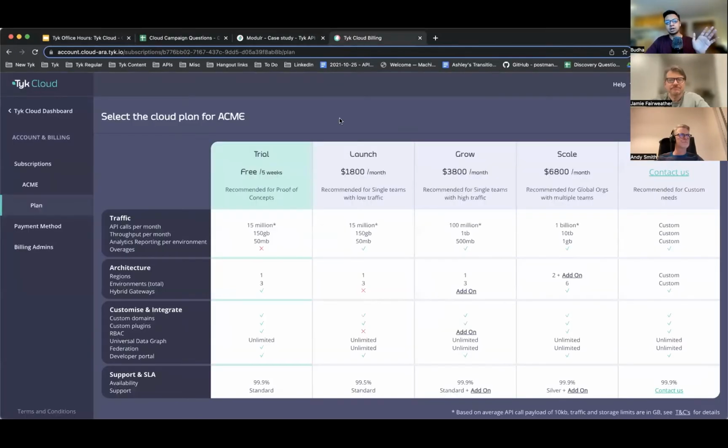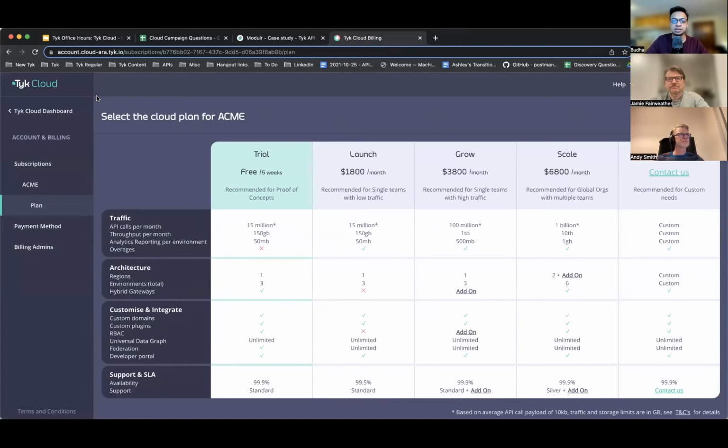We've got different kinds of plans that are meant to meet your differing needs. So as an organization, as a business, you get to start off with your free trial. This is a five-week trial for you to run your proof of concept, be happy with the product, try it out, and let us know what's working, what's not working.